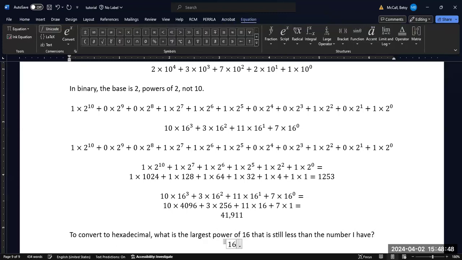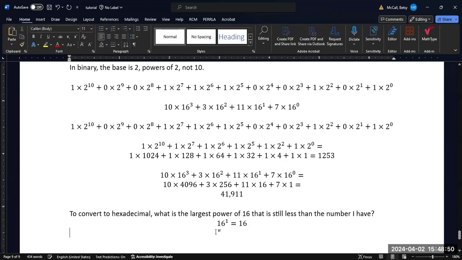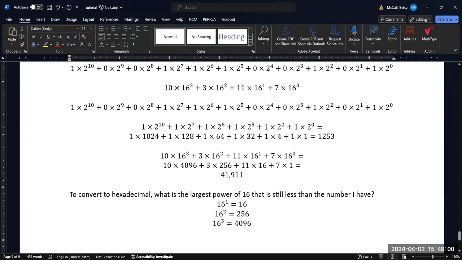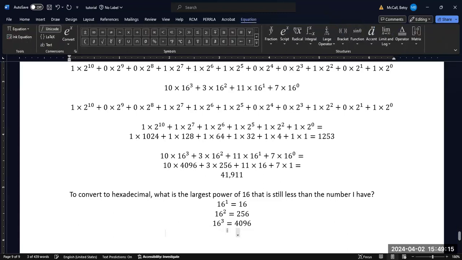So we know 16 to the 1 is 16, and 16 squared is 256, and 16 cubed is we just calculated 4,096, and 16 to the fourth is 65,536.